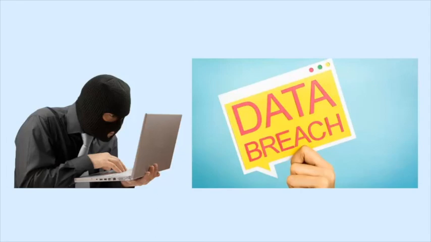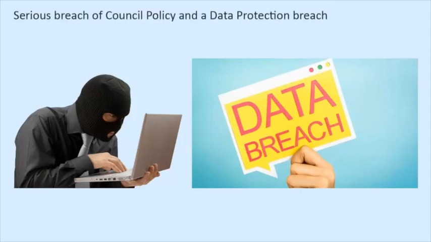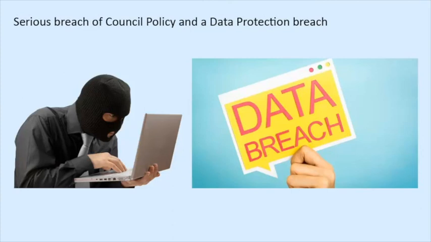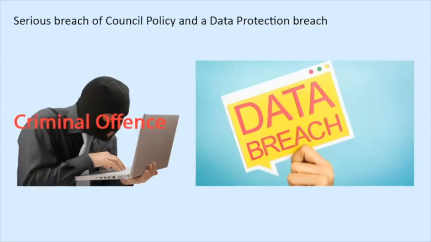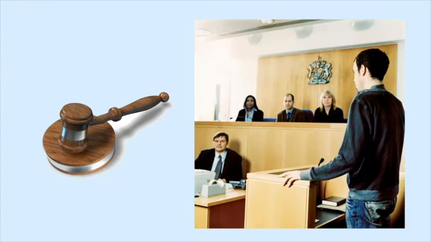Not only is this a serious breach of council policy and a data protection breach, it is also a criminal offence. Any member of staff found to be accessing council systems for their own purposes will be subject to disciplinary procedures, may be dismissed for gross misconduct, and may also face criminal prosecution.